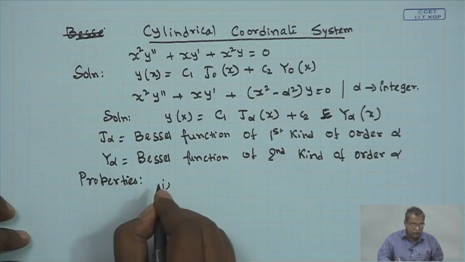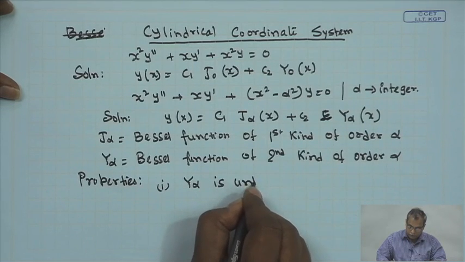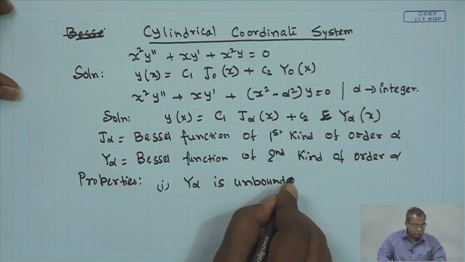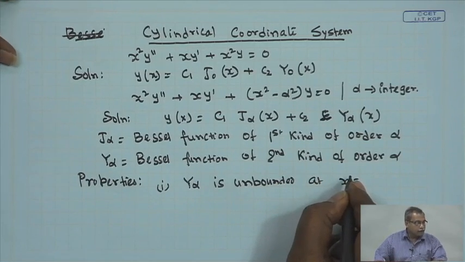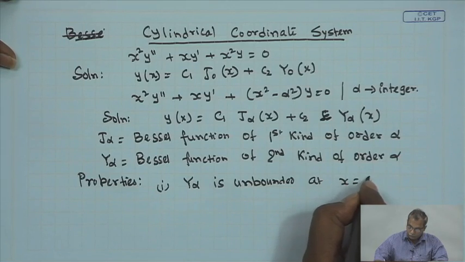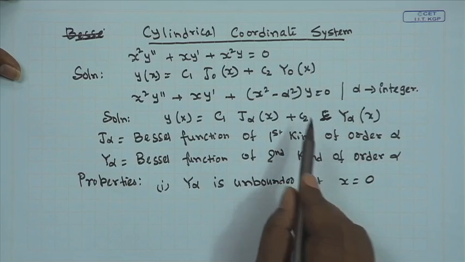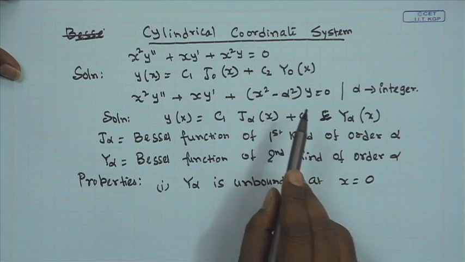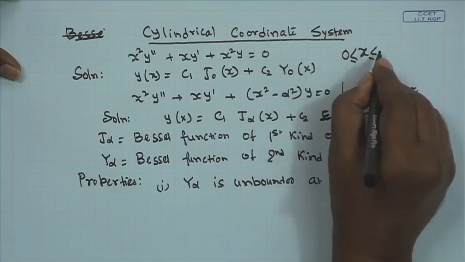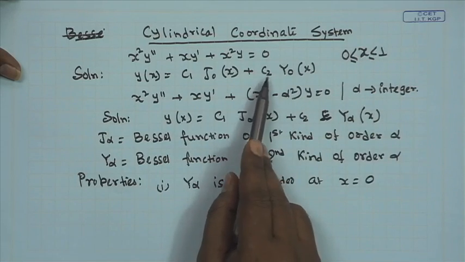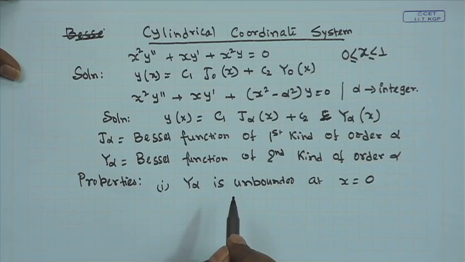The first property is that Y alpha is unbounded at x equal to 0, and therefore whenever we come across this type of equation where x varies from 0 to 1 in the domain, the associated constant must vanish, in case of solution in the cylindrical polar coordinate system.